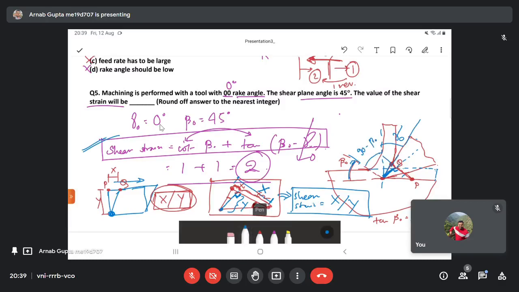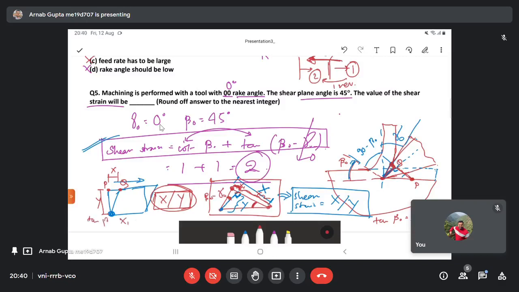I will encourage you to go through this particular derivation from any standard book. Just try to find out this x1 value here. It isn't difficult, but I'm not able to capture the particular angle here, because this angle will be beta naught minus gamma naught, and you can directly write x1.